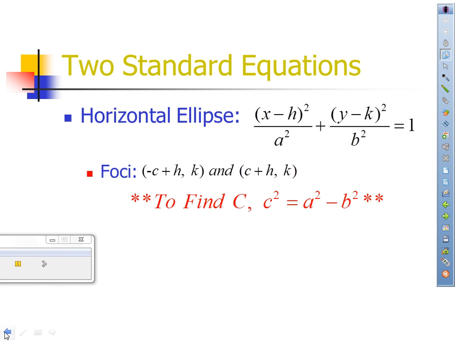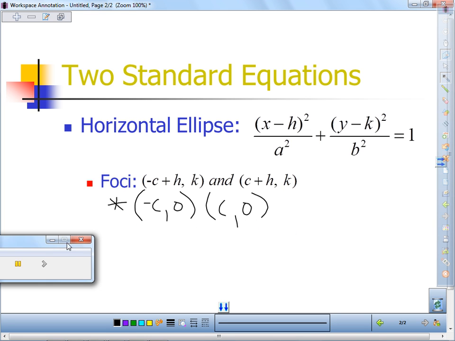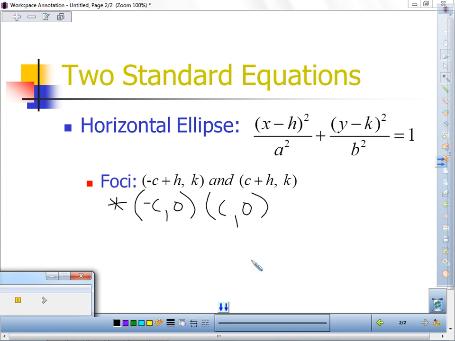But for this, we're at the origin, so we're going to have negative c and 0 for one of them, and c and 0 for the other one. So this is what we're going to use since we're at the origin. And to come up with c, c squared is equal to a squared minus b squared.